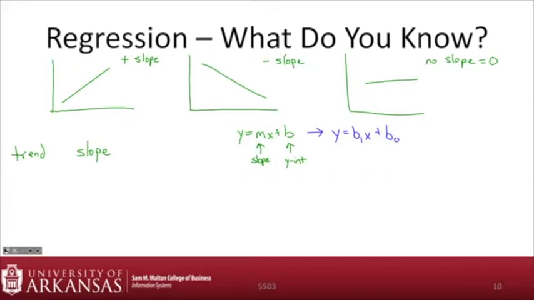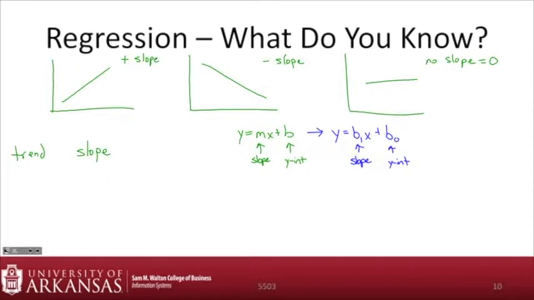I just renamed. My m is now a b1. My b is now a b0. So nothing crazy. This is my slope. This is my y-intercept. So can I make that one change? Okay. What else do you know?